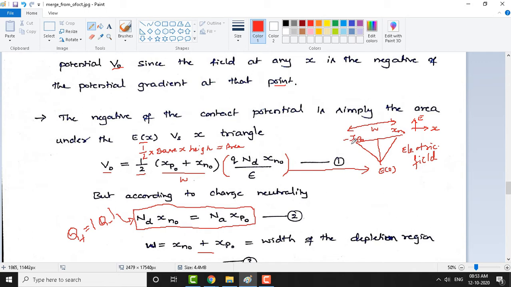This graph is an inverse triangle. This edge is one edge of the depletion region towards the p side. This is the other edge of the depletion region towards the n side. The distance between them is W, the depletion width, or transition region width.